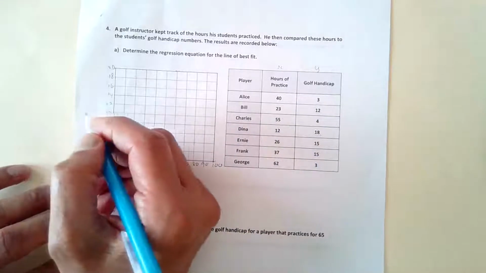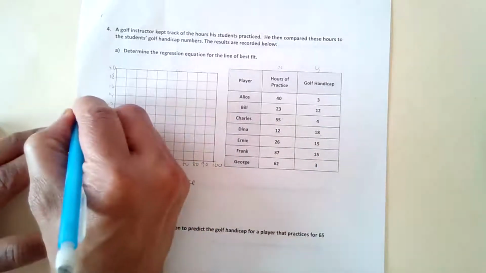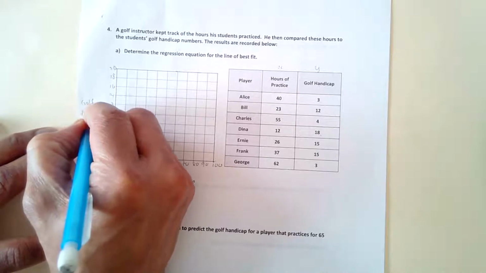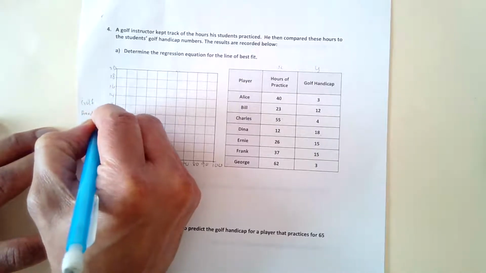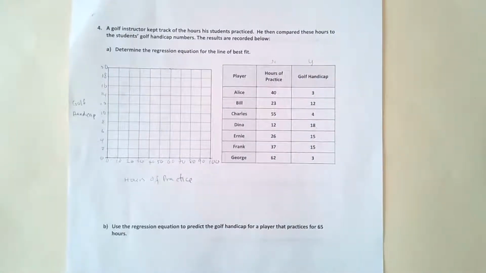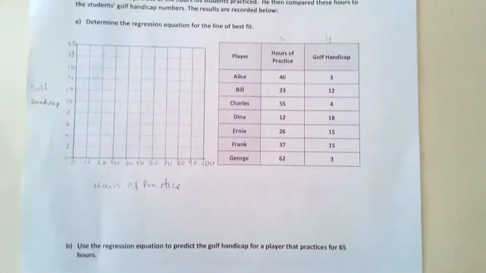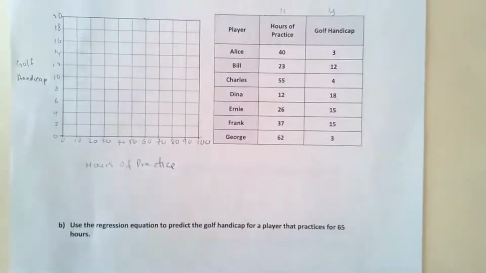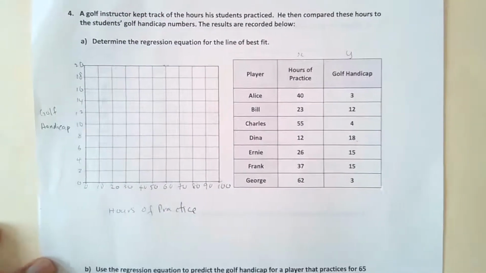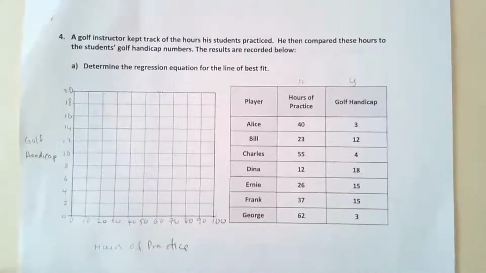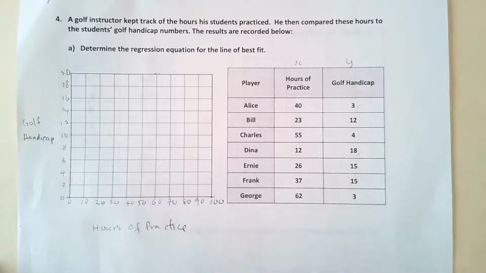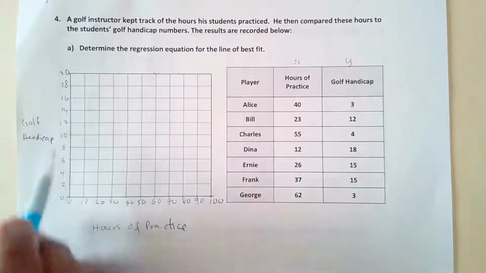And I have here golf handicap. Make sure you have that written there. Now I've labeled my x and y axes and I have my scale.